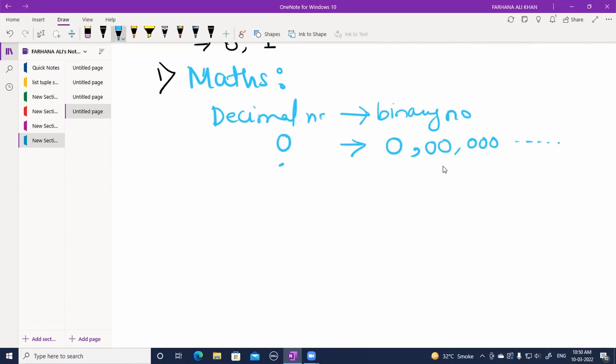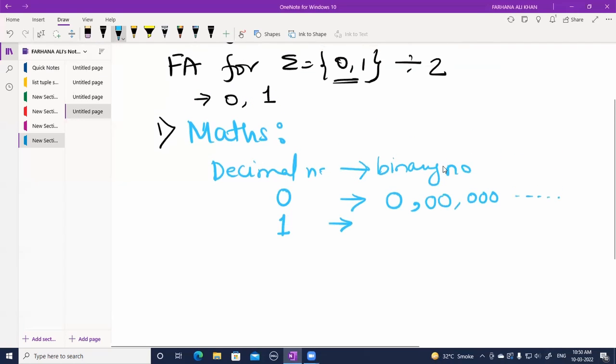For decimal number 1, we can write a single bit 1, or 01, or 001 and so on.